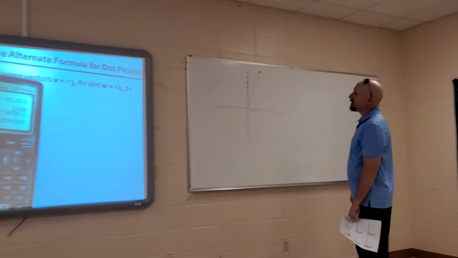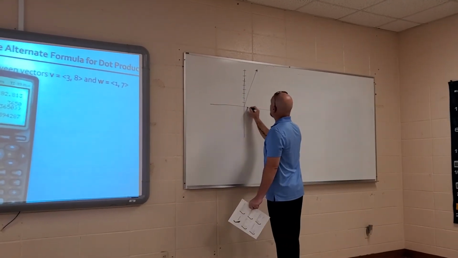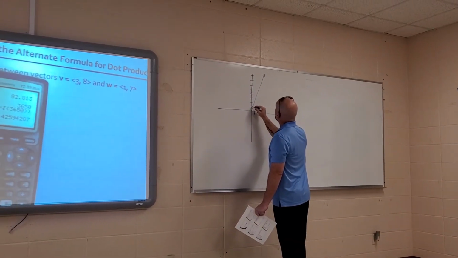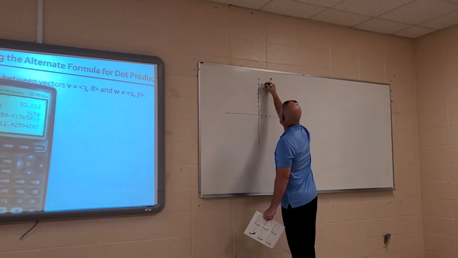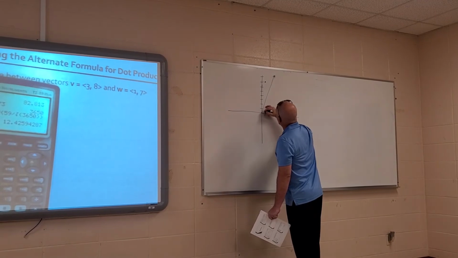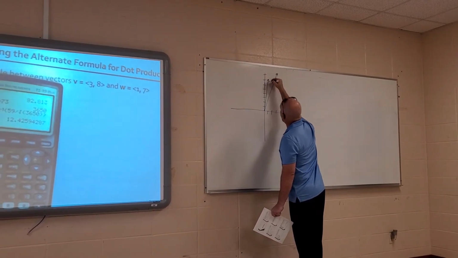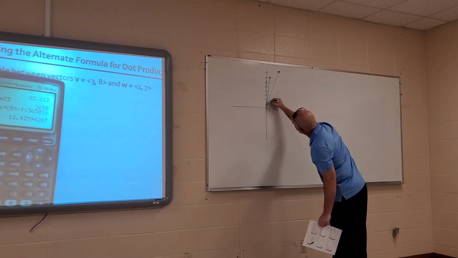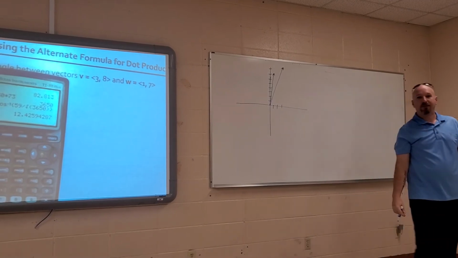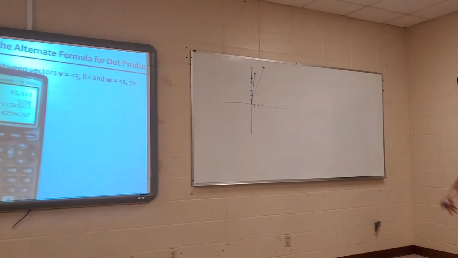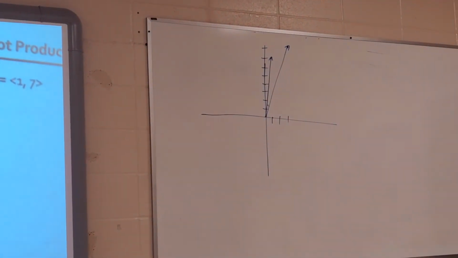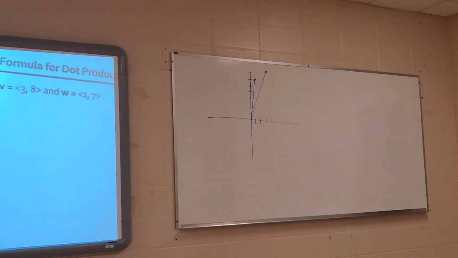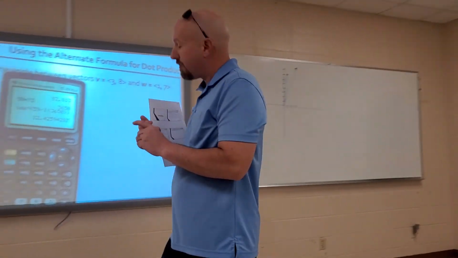Vector W is at 1, 7. 1, 2, 3, 4, 5, 6, 7. So it's right here. So now ask yourself, does this angle look like about 12 degrees? To me, yeah, it looks like it's about 12 degrees. That makes complete sense. So the last thing you should always do is make sure that your answer makes sense.